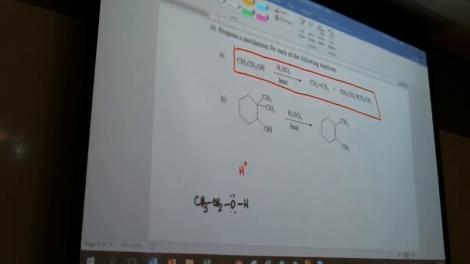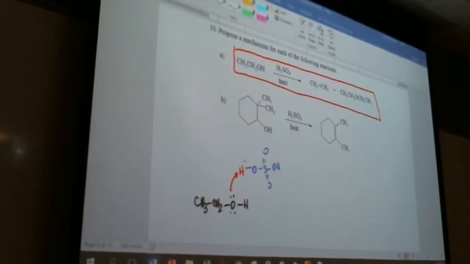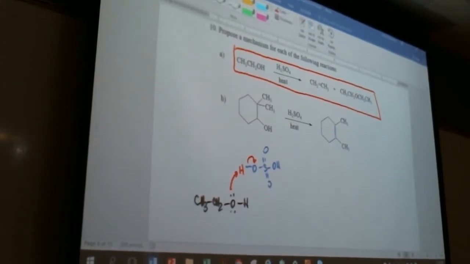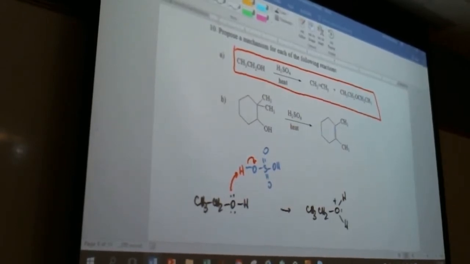I could write the whole thing if you like to be that detailed, but the reality is that I'm perfectly happy to just write H+. This attacks, either because you wrote H+ or you break this bond, and now you have this with a positive charge. So this is a good leaving group.